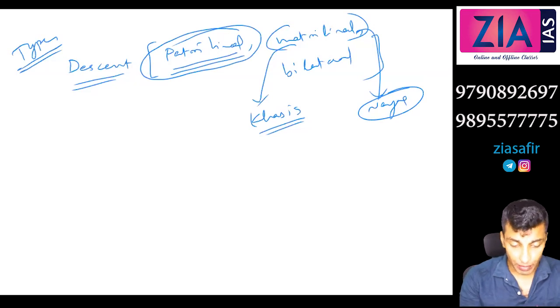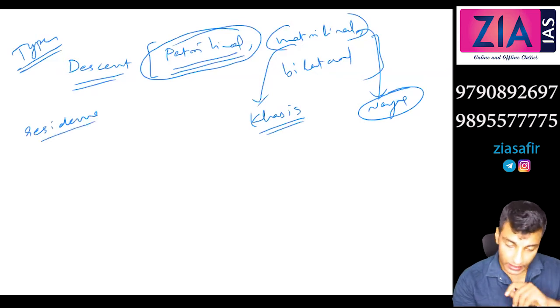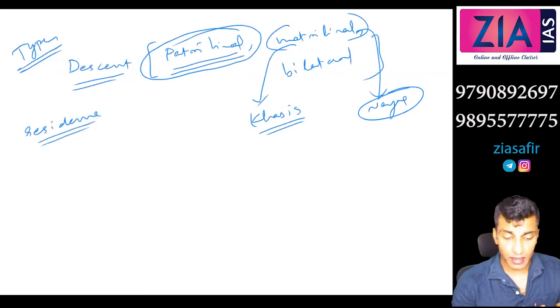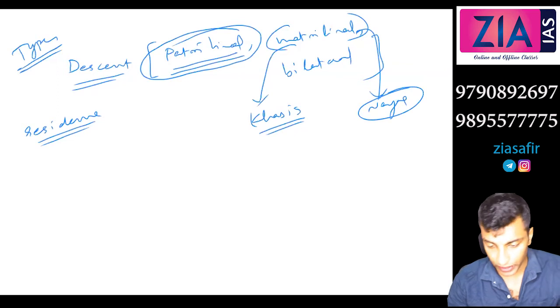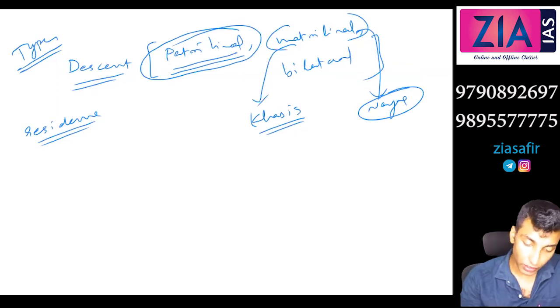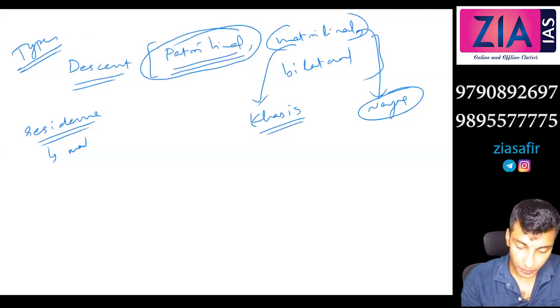Now the family can also be classified on the basis of residence. All these things are there in your PDF, and we will discuss them, but I am just explaining before that also. On the basis of residence, it can be matrilocal.